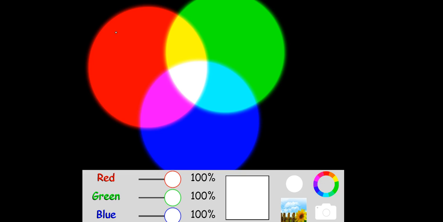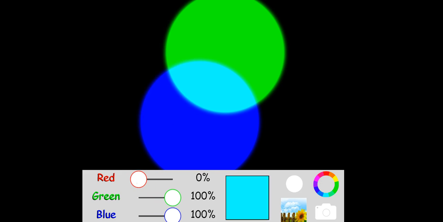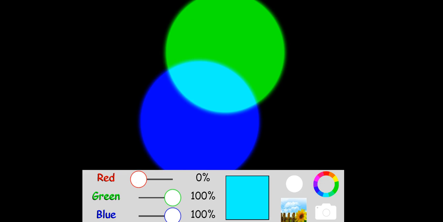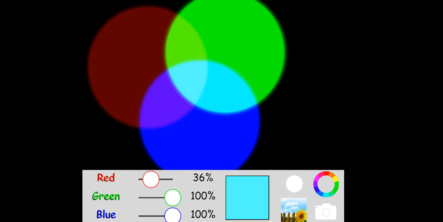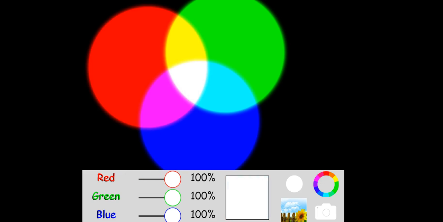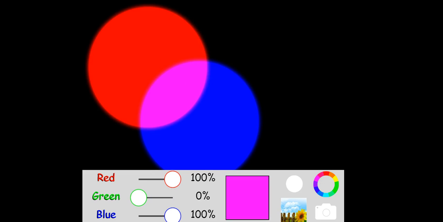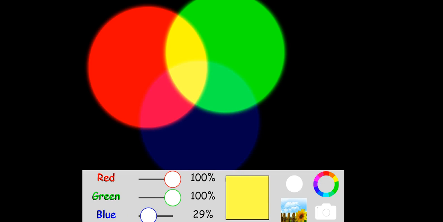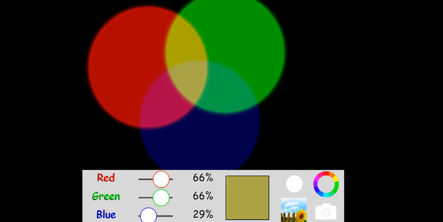So now, if we look at this little slider here, we can remove the red, and we notice that we get the cyan. It's all cyan. If we remove the green, that whole section is magenta. Remove the blue. So you can now mix varying amounts and get all sorts of different colors.